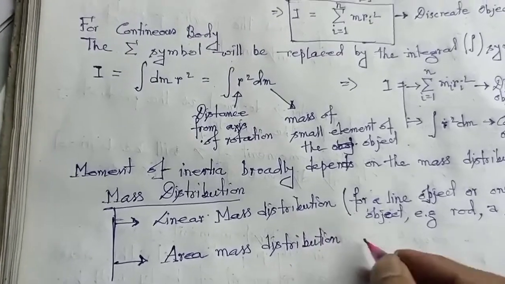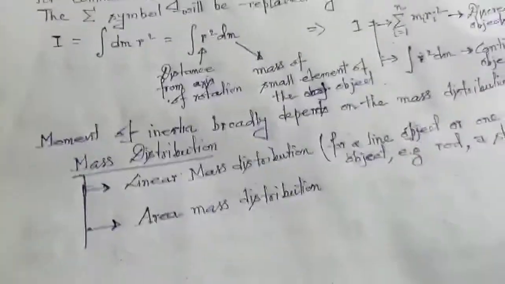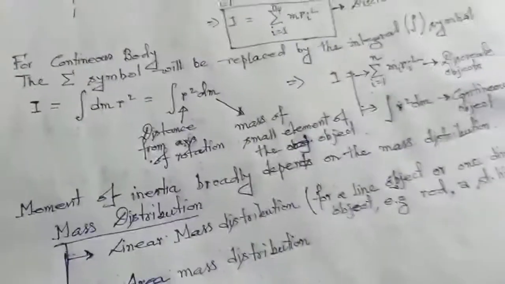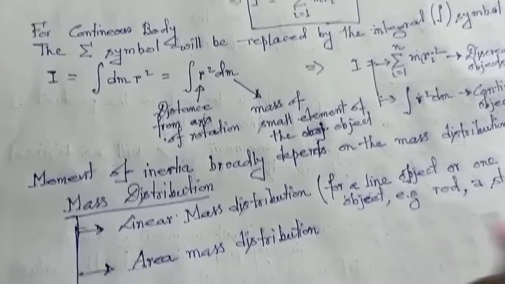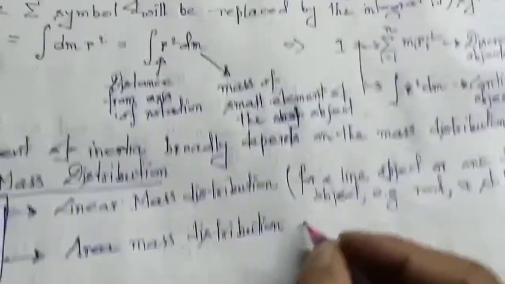Area mass distribution holds for an object which has a surface area.